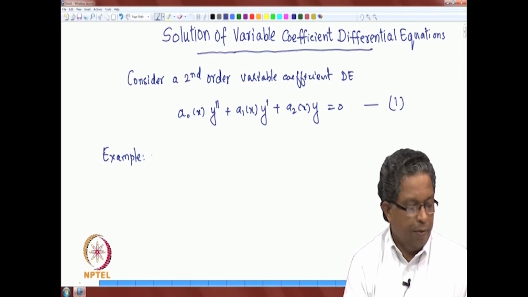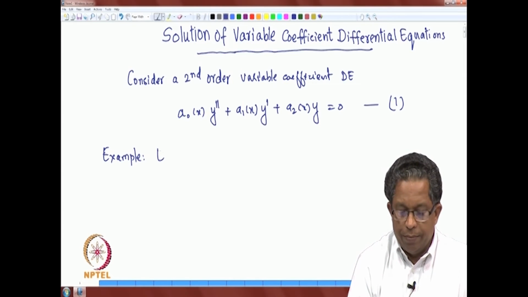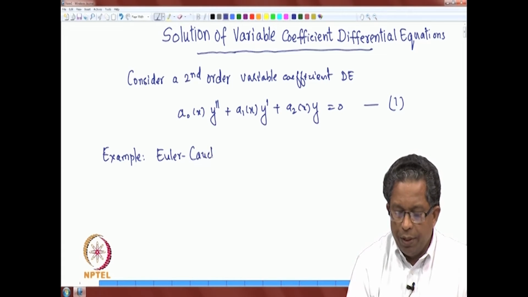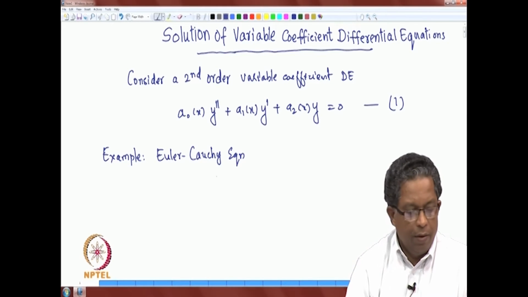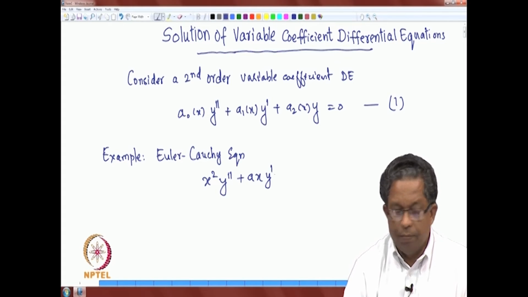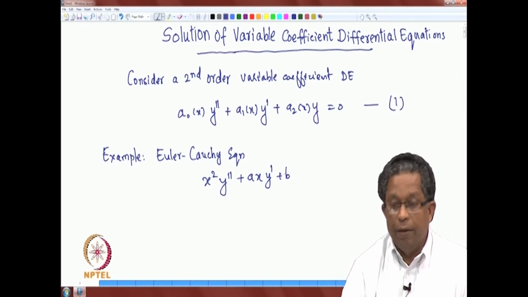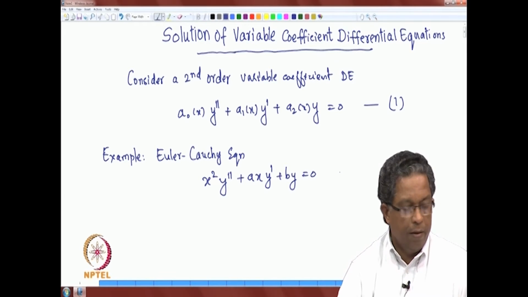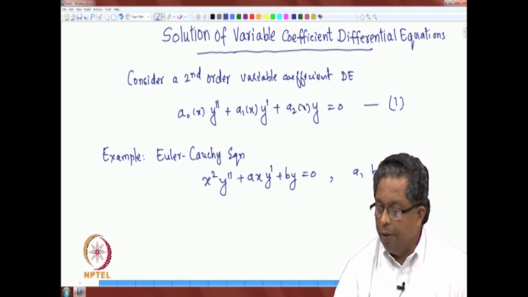So, consider the Euler-Cauchy equation, given by x square y double prime plus a x y prime plus b y is equal to 0, where a and b are constants.